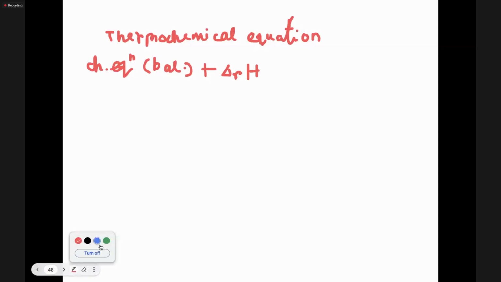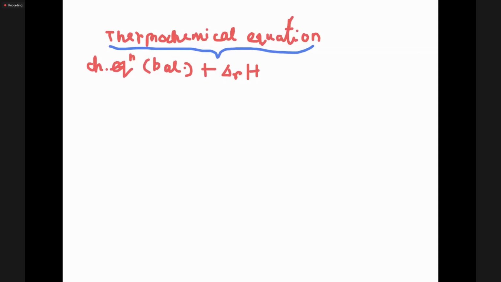Whenever you are asked what is meant by thermochemical equation, you will write the entire balanced equation, and on the right hand side at the very end you will write the delta R H value, in kilojoule per mole preferably. So this total is termed a thermochemical equation.